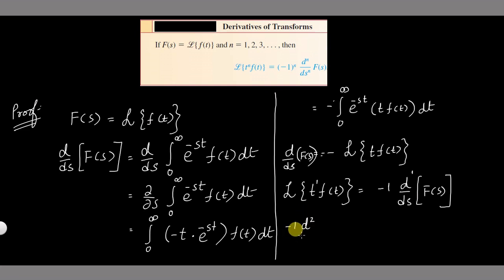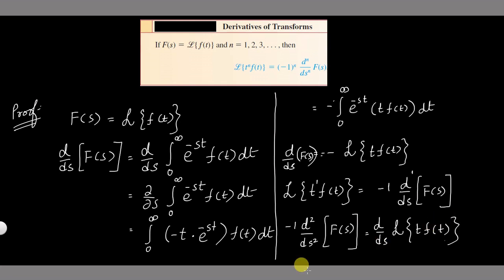If we take another derivative of this function, so we have F of s and then the derivative of this transform t f of t dt. Now what will we do?